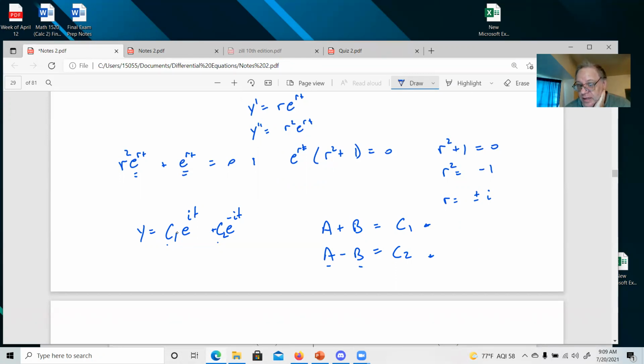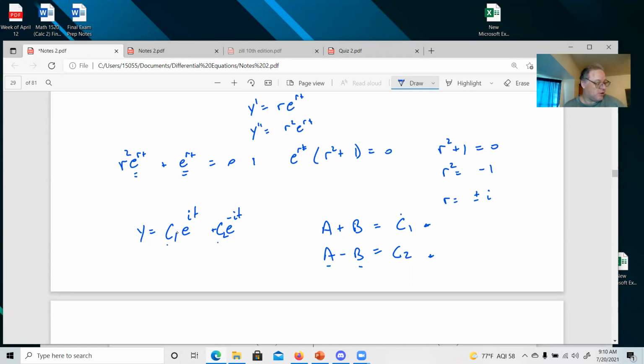Then A is just going to be C1, and that's going to be the end of it. So whatever values we pick for this, we have two equations, two unknowns. We can solve this for any A and B that we're going to work here.